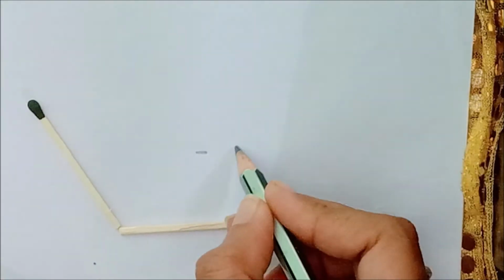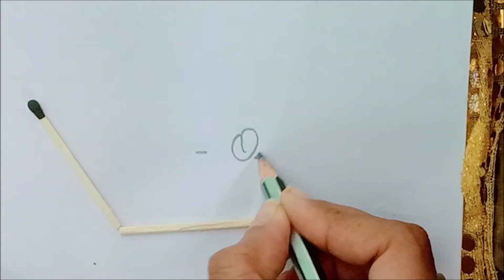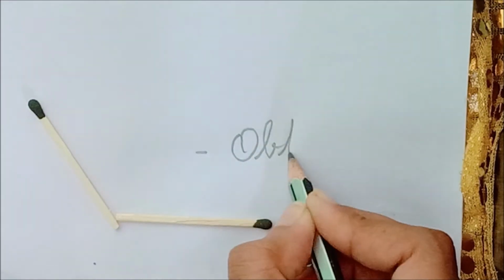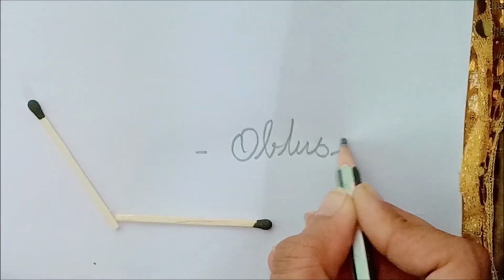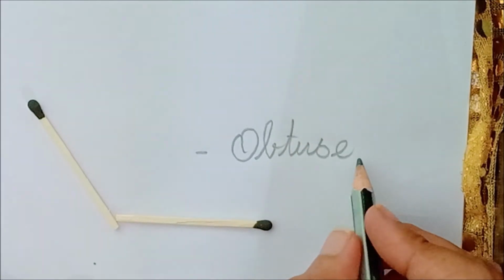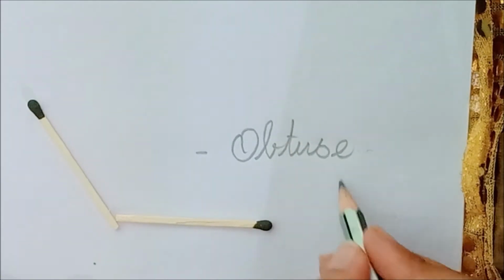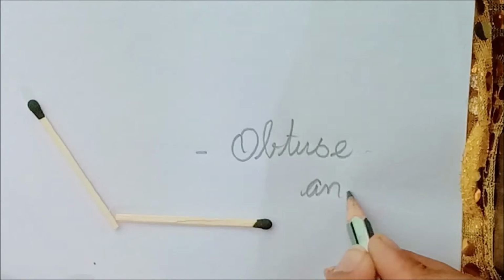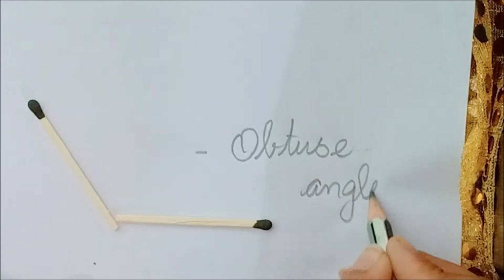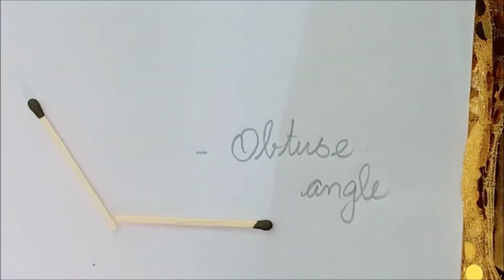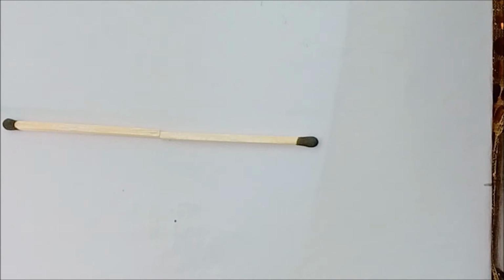Okay, children. What type of angle is this? Obtuse angle. It measures more than 90 degrees but less than 180 degrees. So what is the last type of angle, children? What type of angle is this? See, it looks like a straight line.